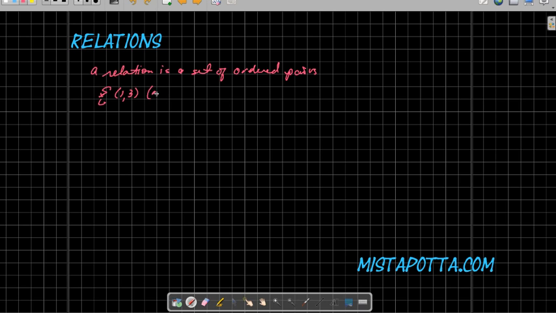Or I could have a 2 coming with the 6. 3 may pair with the 13. And then I could have 4 comma 13. I'm just making these numbers up right here. And then I could have a 4 matching with a 17 and 4 matching with a 3. So I've got a collection of ordered pairs, and this is a relation.